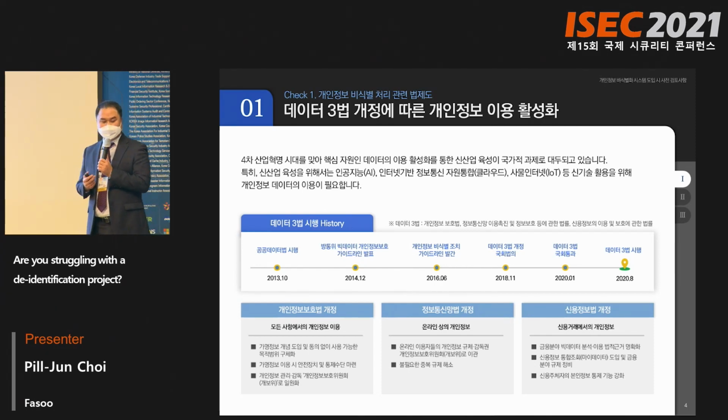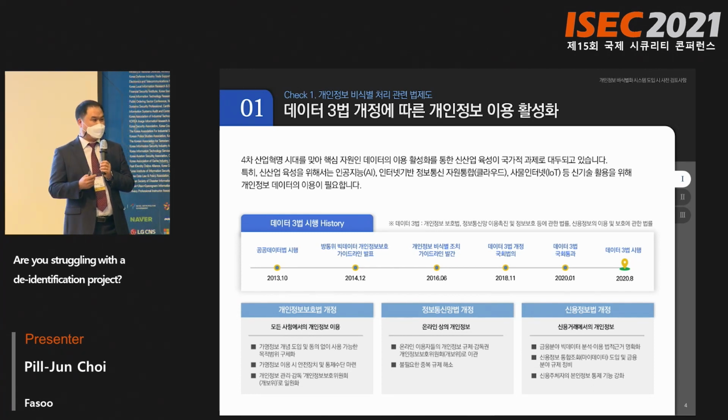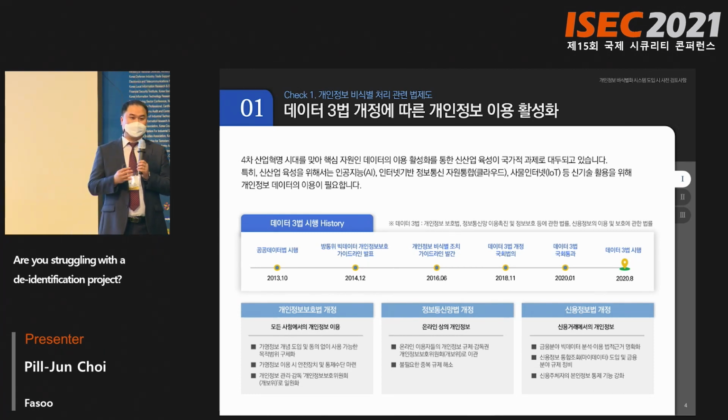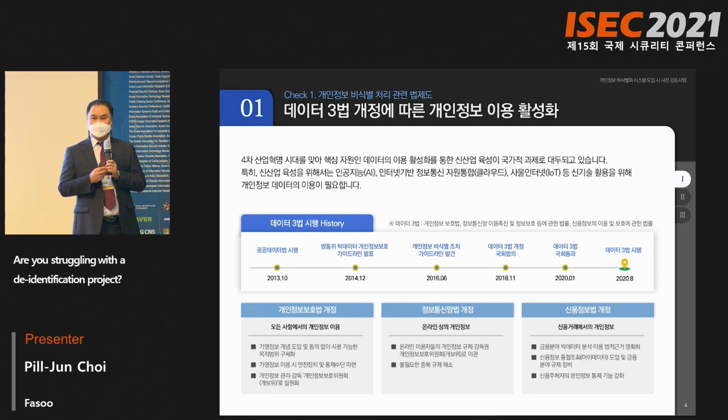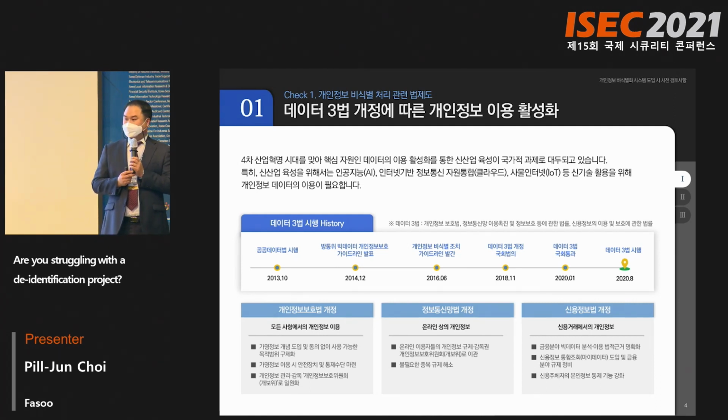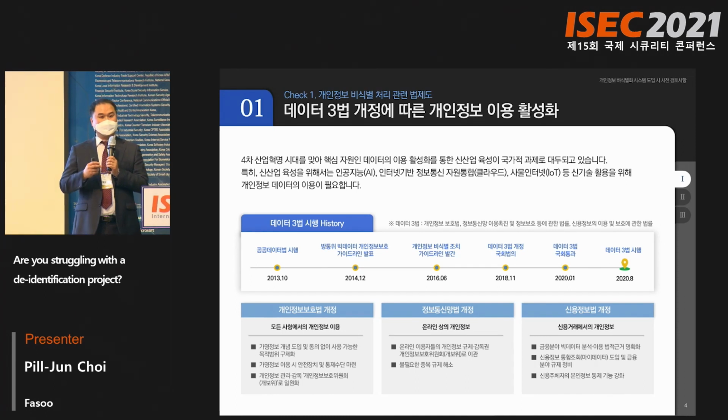And 3 data privacy laws were revised. The 3 data privacy laws include the Personal Information Protection Act, the Network Act, and the Credit Information Act. Without the approval and consent of the data subject, now you can use and process personal information.